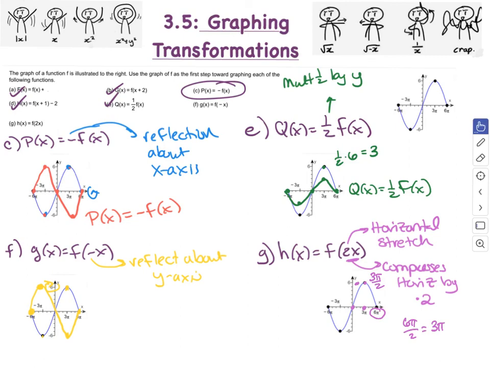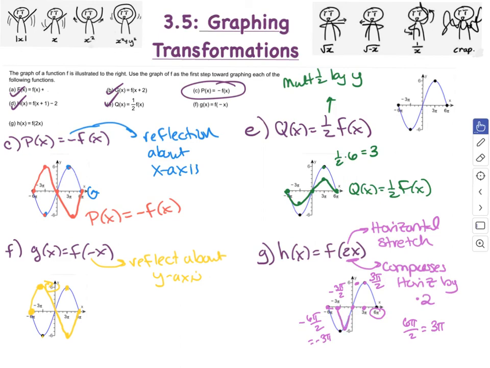And then negative 3 pi over 2 is negative 1/2 pi, so that's about here. And negative 6 pi divided by 2 is negative 3 pi, so that gets moved into here. So what we have is, oh, I graphed one of those incorrectly. This one, at negative 3 pi halves, should be here.